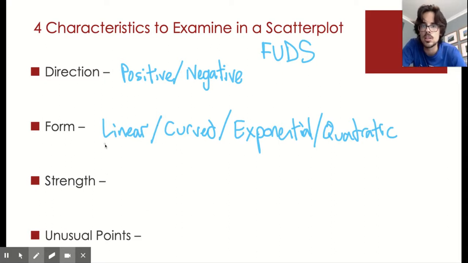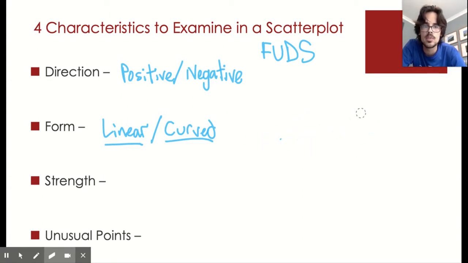We'll primarily focus on linear and curved patterns. So the other stuff, like is it exponential form, won't really come into play. You can just call that curved. Another way of saying curved is non-linear. So linear versus non-linear is probably the biggest extent of what we do there.